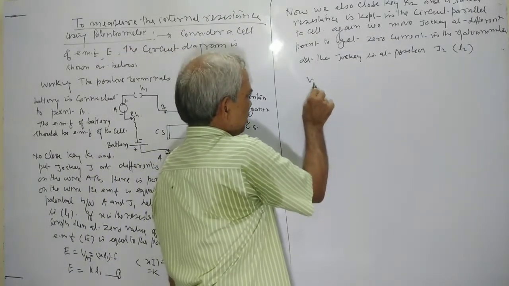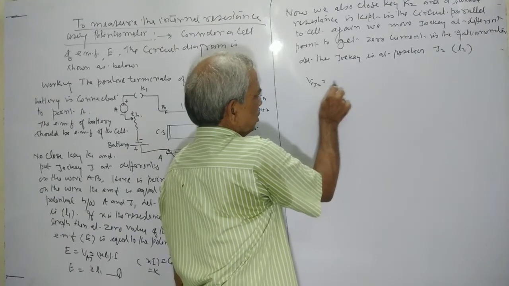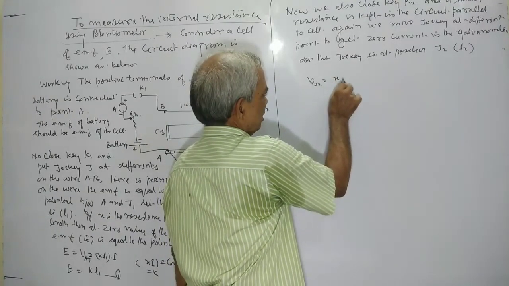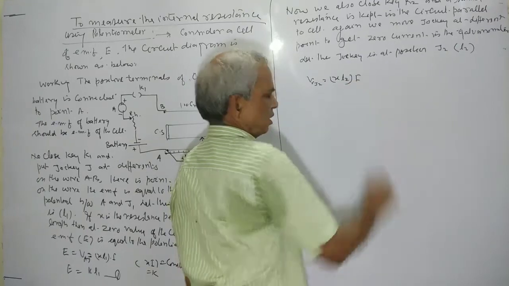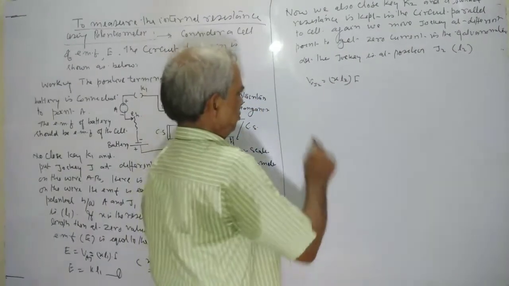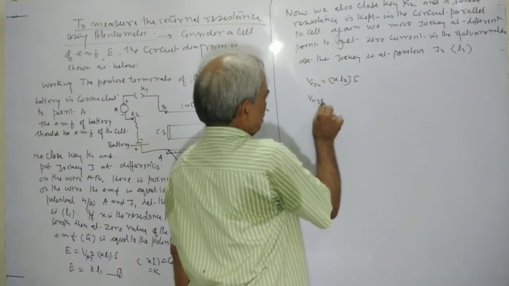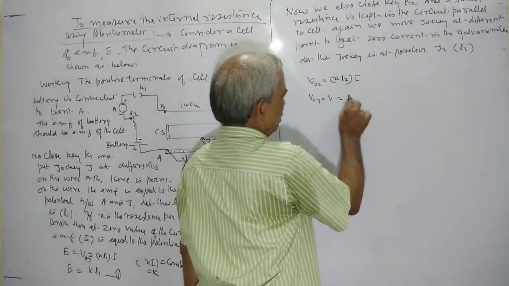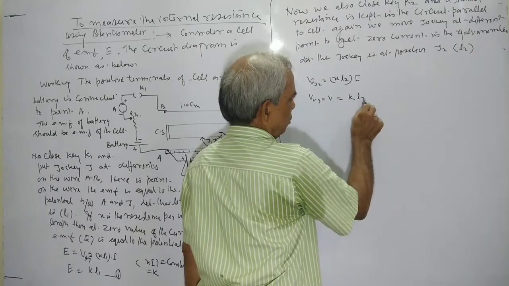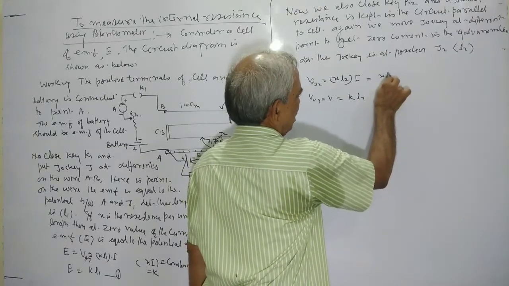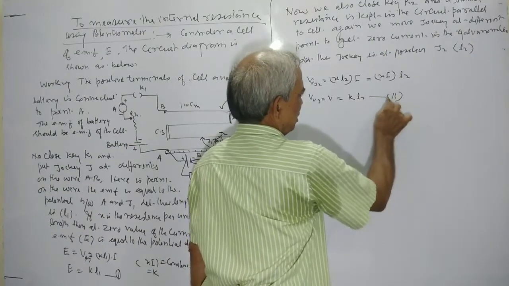Then this potential drop V_J2 is equal to X L2 into I. V_J2 is equal to V is equal to K L2, as X I is constant. This is equation second.